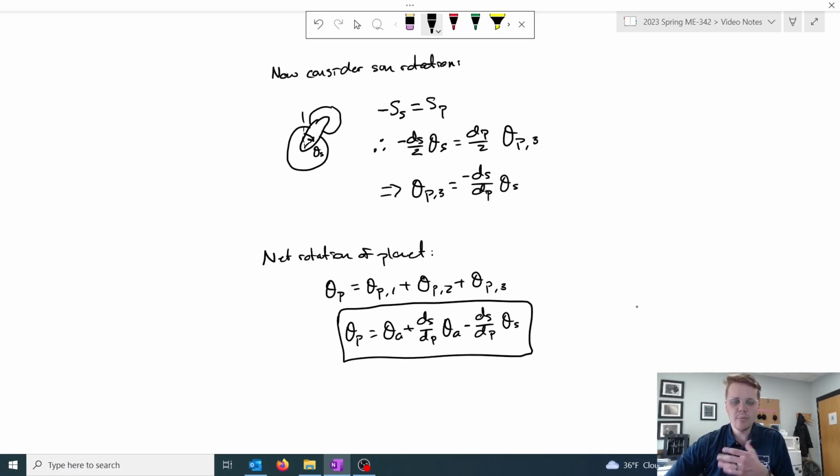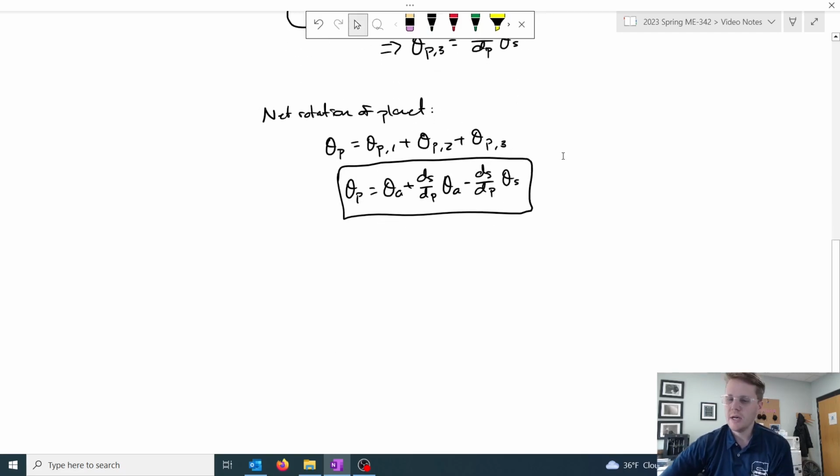So let's go ahead and put that into a form that becomes a little bit more useful. The rotations are fine, but we can also express this in terms of angular velocities. So we know that theta equals omega t. If we're talking about angular velocity, then multiplying that by time gives us angular position.